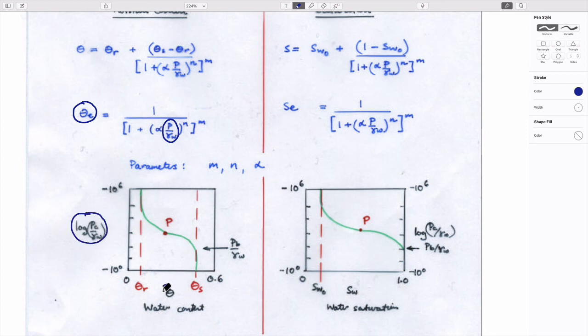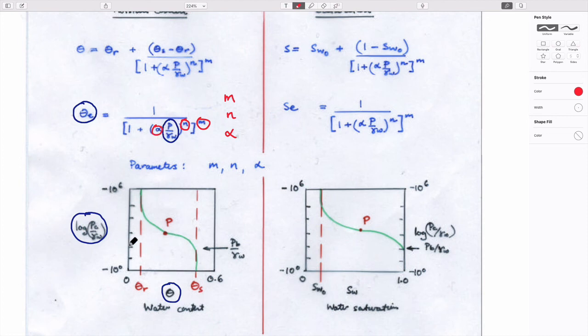Plotted just in normal space, not in log space. And they're a function of three parameters. And those parameters are m, n, and alpha. And they're just fitting parameters, nothing more than that.